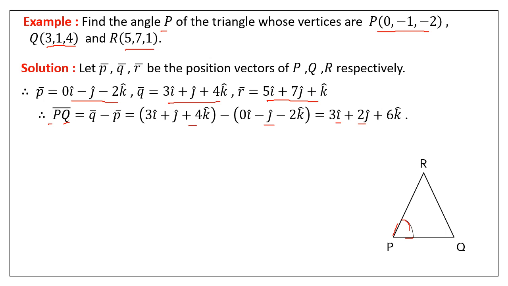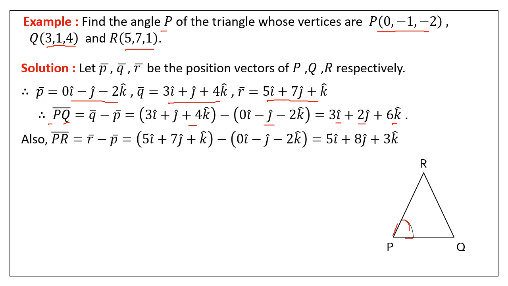Similarly, find PR bar, having point P common, equals R bar minus P bar. Substitute the values and after subtraction we have PR bar as 5 i cap plus 8 j cap plus 3 k cap.